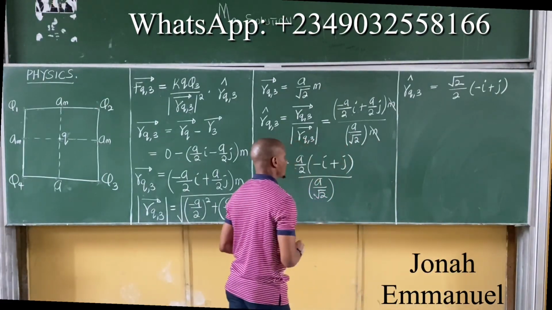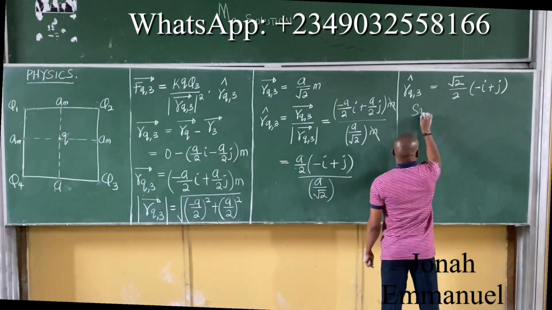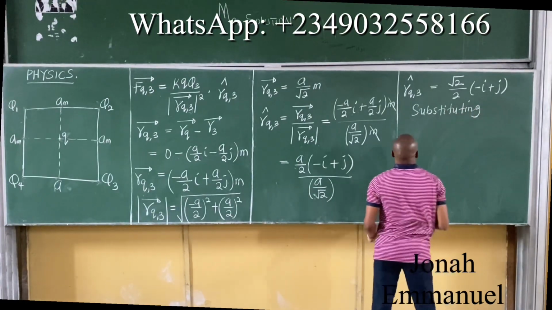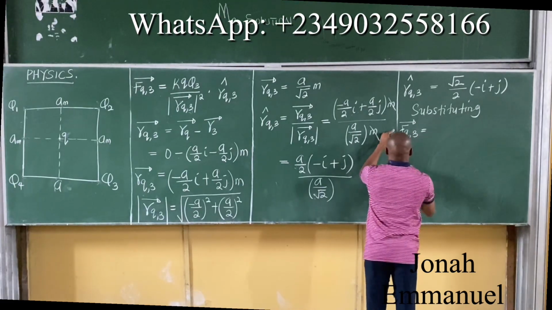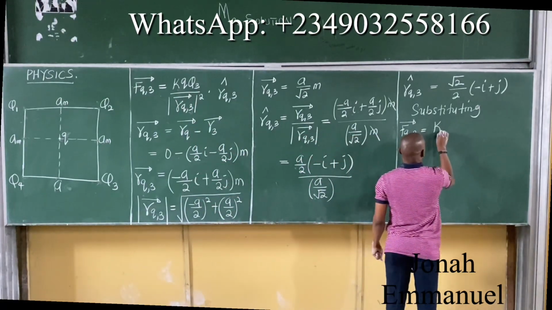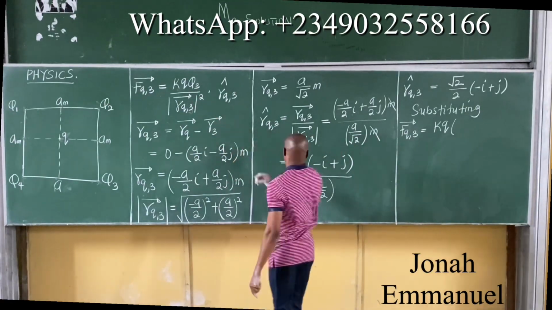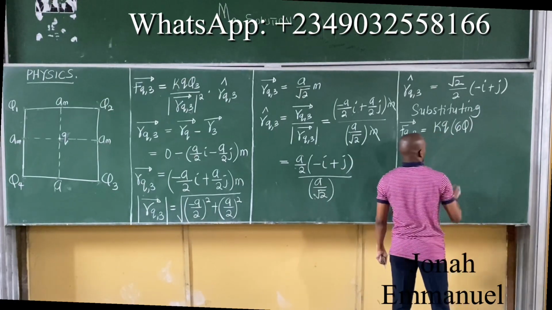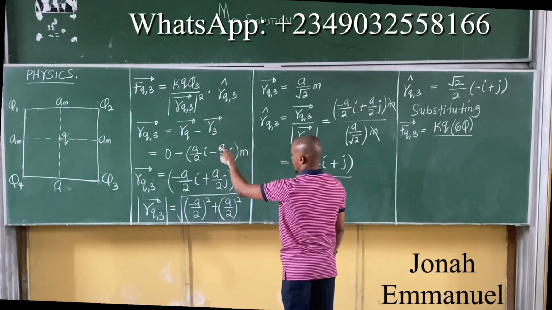So we have this. Alright, next up, substituting. What do I get? I'll get that FQ3 is equal to the same KQ. So I'm having KQ into Q3. Please check, what's Q3? It becomes 6Q. All over the magnitude of RQ3.